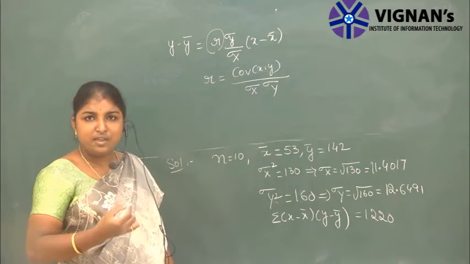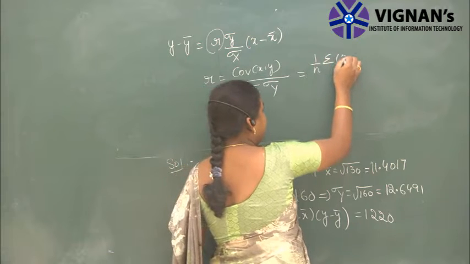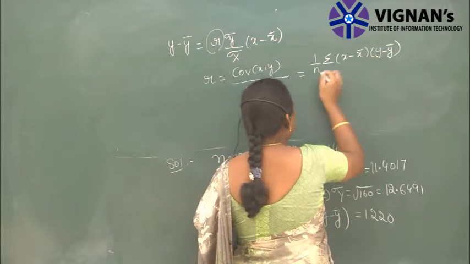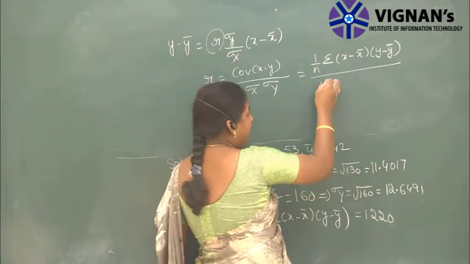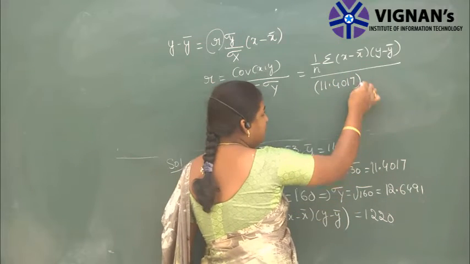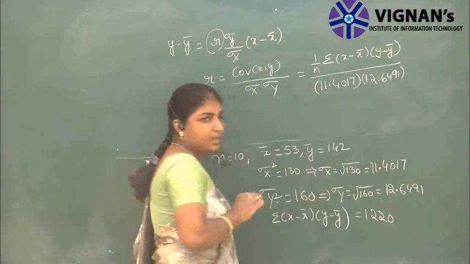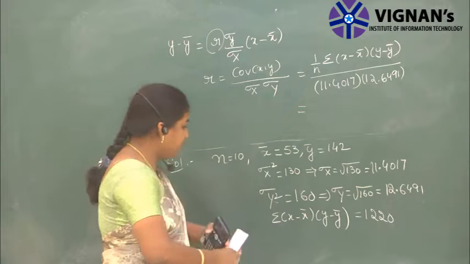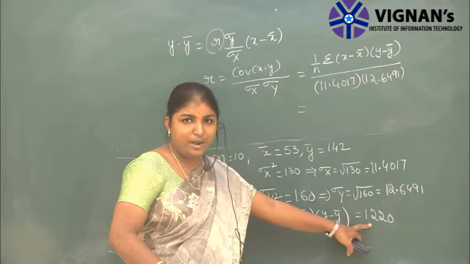Again, covariance of xy can be written as 1 by n into the summation of x minus x bar into y minus y bar. So r equals that divided by sigma x, which is 11.4017, and sigma y, which is 12.6491. Already they have given the summation of x minus x bar into y minus y bar equal to 1220.